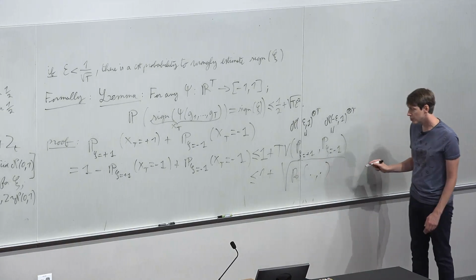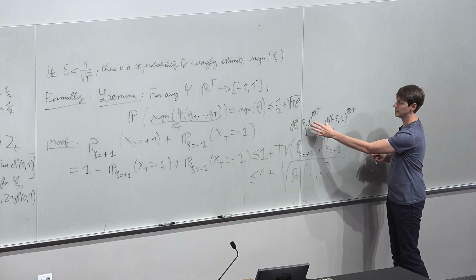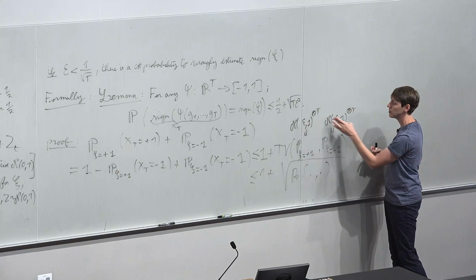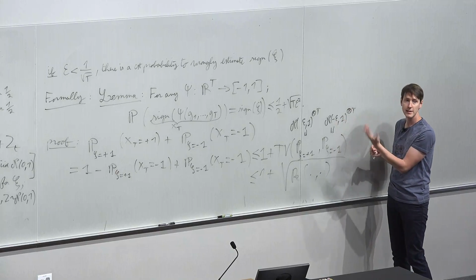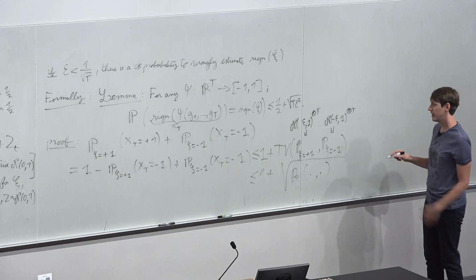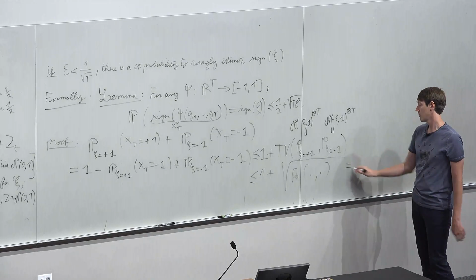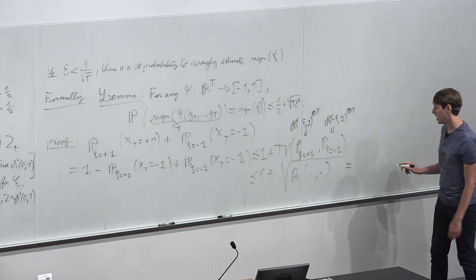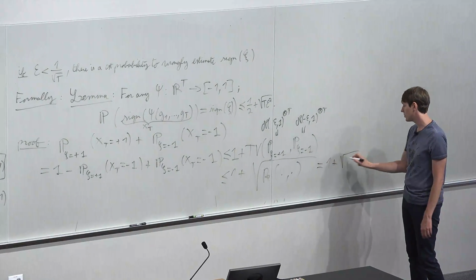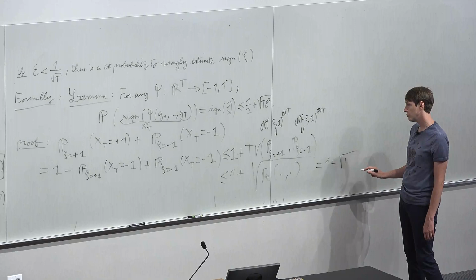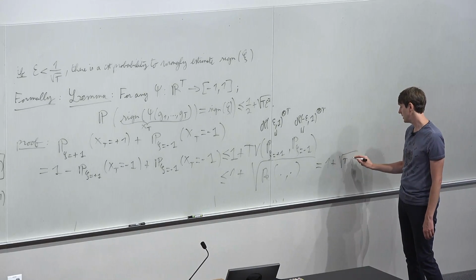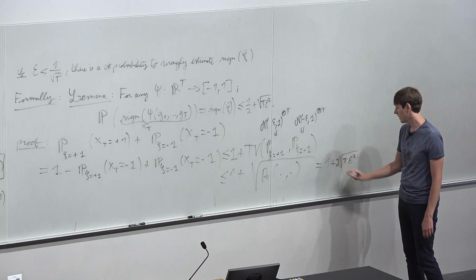And then you have the chain rule, and then at the level of one independent Gaussian, the relative entropy between N(epsilon, 1) and N(-epsilon, 1) is exactly epsilon squared. So using both the chain rule and the calculation for one Gaussian, you get that this is equal to 1 plus square root, maybe there is a 2, is there a 2, there is a 2, so T epsilon squared with a 2.